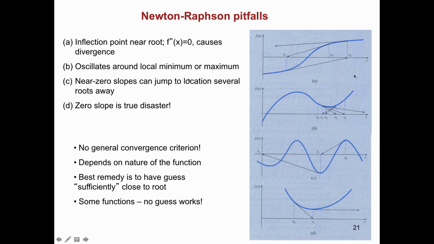And then this tangent will send me down to x2, which is here, then x3, x4. I'm going to kind of come around here. And then around here somewhere, I'm going to divide by f prime, which would be very close to 0. So I'm going to get some huge number, and I'm just going to go to infinity. So I have trouble getting over that mountaintop.